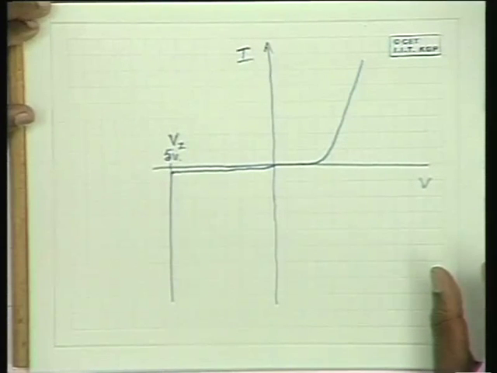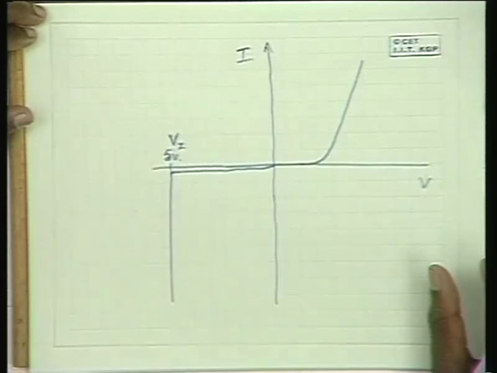Whether avalanche breakdown or Zener breakdown occurs in a particular diode depends on the doping concentration. If the doping concentration is very large, naturally it is a Zener breakdown that occurs in a diode.